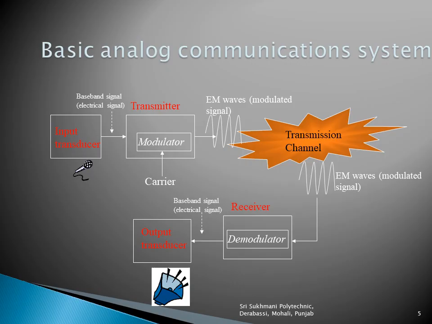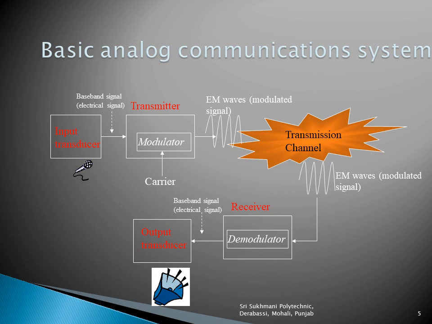So, the basic analog communication system. The first part is the input transducer, for example your mic. The transducer converts the input into an electrical signal. The second part is your transmitter, which has a modulator. Modulator means we require modulation. Modulation of the input signal is done with the carrier signal.